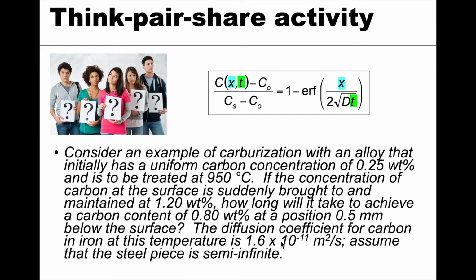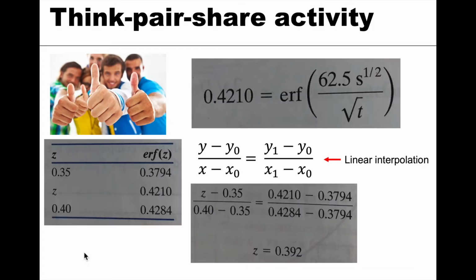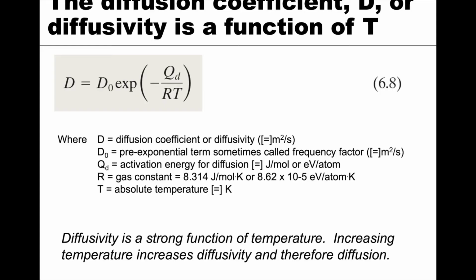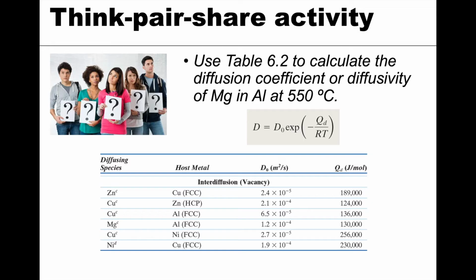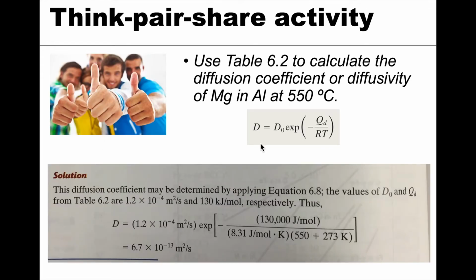But now we know we could go back, and if we knew the temperature and the diffusing species, carbon into iron, we could also calculate that given the right table of data, for example, from this table. That's just an aside, because we have carbon and iron data, so we can calculate that using this data along with the temperature given to us. We just hadn't talked about diffusivity. So that's just an aside working with this example here.